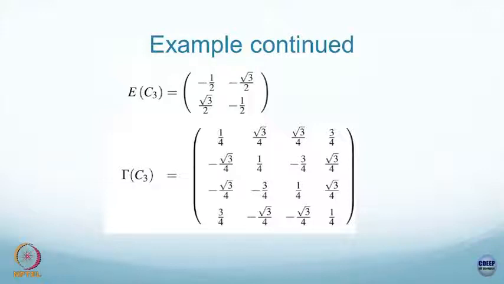What is the corresponding vector space? It is just a 2 dimensional vector space, and we can take the basis to be the xy basis. Is that clear? Are you all with me? So now you do the tensor product of E cross E. Let us do it.